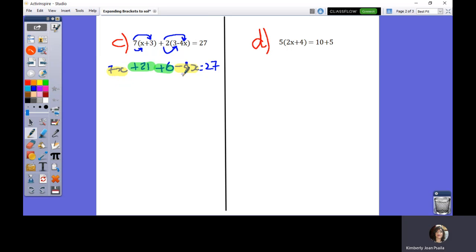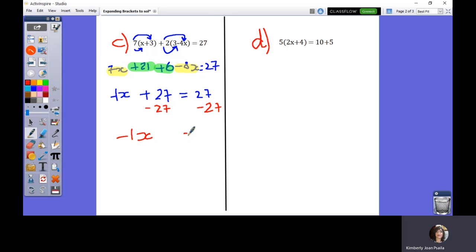So 7x minus 8x gives us minus 1x, plus 21 plus 6 gives us positive 27, which is equal to 27. Now I have to get rid of this positive 27 by subtracting 27, and also on the right hand side. Therefore we are left with minus 1x.